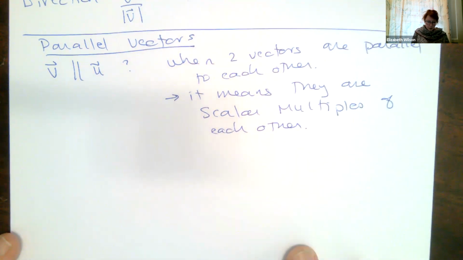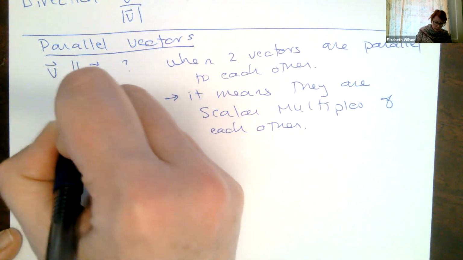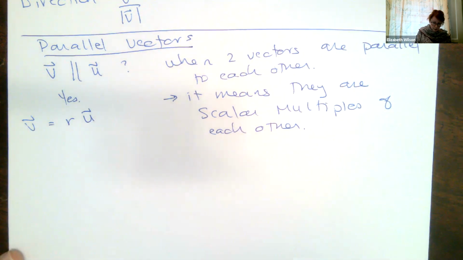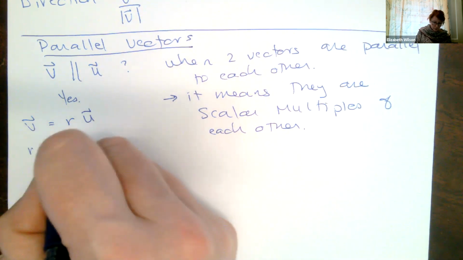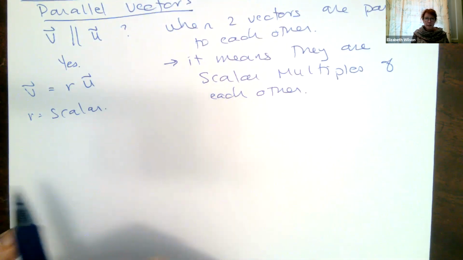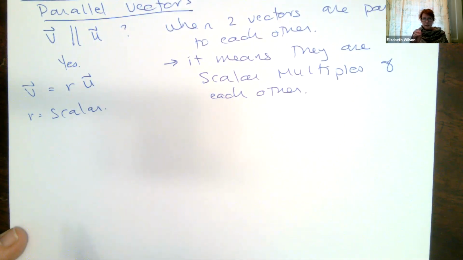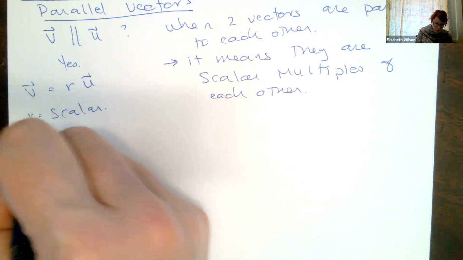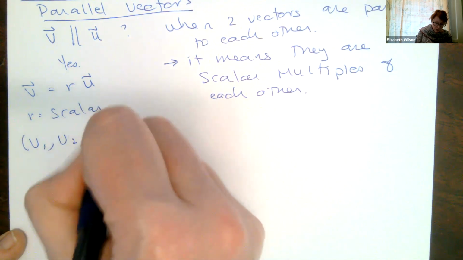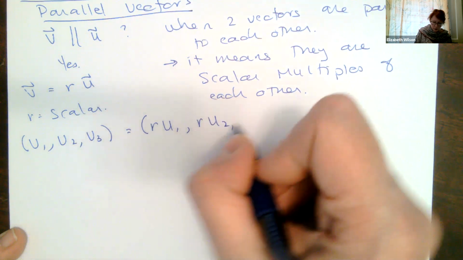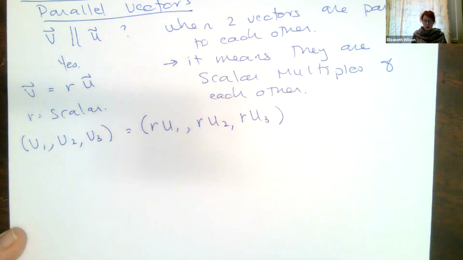Okay, so if this is true, then that means V is equal to R times U, where R is a scalar. Which means that every component of V is equal to the scalar multiple of the corresponding component in U. So V1, V2, V3, for example, is equal to R U1, R U2, R U3, where R is our scalar.